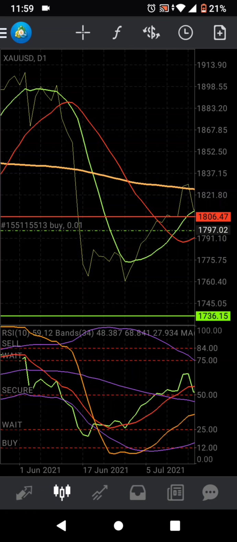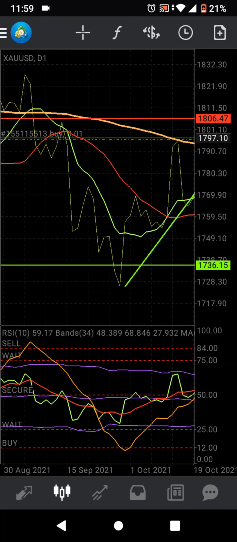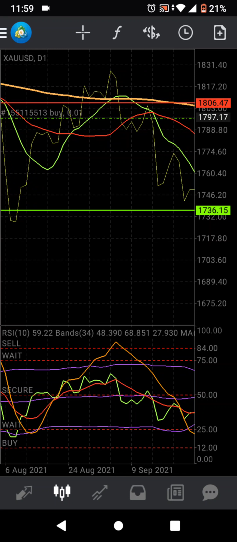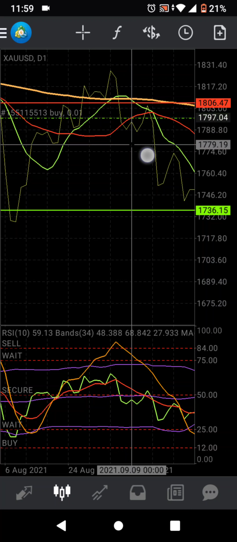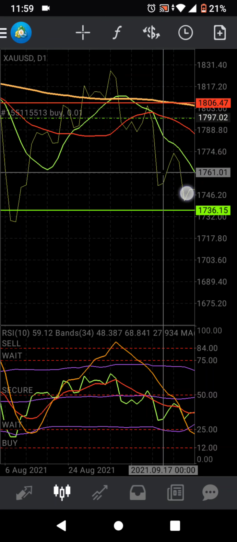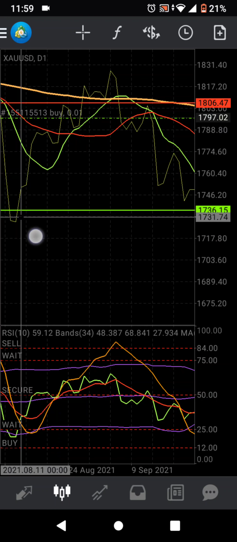You want to go ahead and use limit orders. This way you're not stuck in a certain position. So for instance, you would have placed a sell stop or a sell limit right about here. If price broke through and came back down, it would have entered you for a sell and you would have been in profit. Same thing goes down here for the buy. You would have placed a buy limit or buy stop.